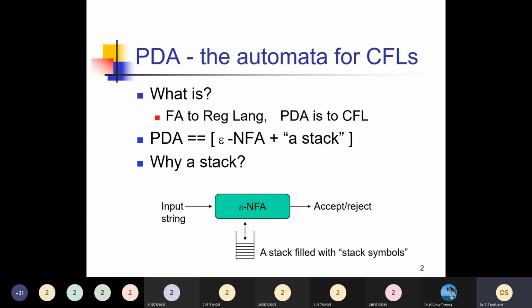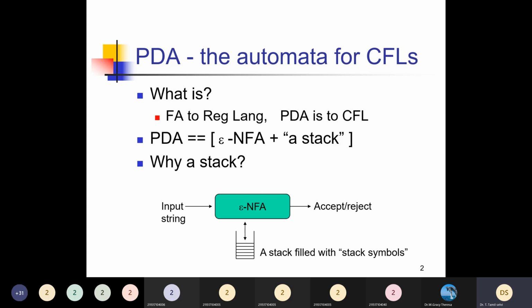CFL means context free languages. In context free languages, we use context free grammar. What is grammar? It is nothing but a set of rules. These rules are used to construct the context free languages. And then what is PDA?